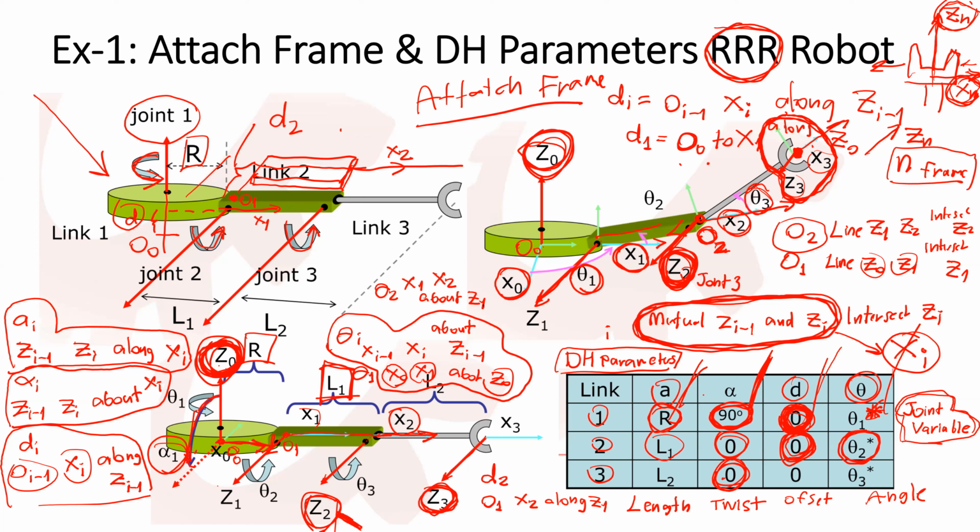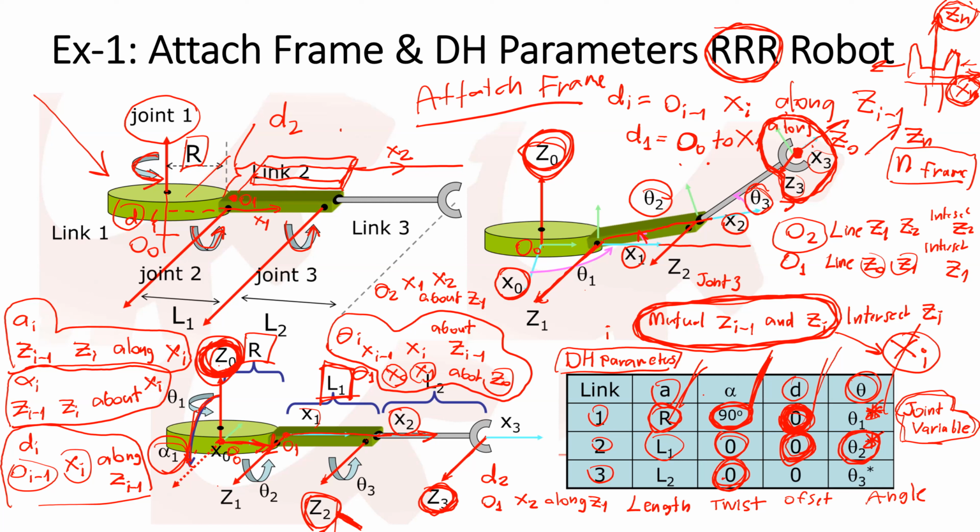The angle between x1 and x2, measured about C1, measured about this, is this angle, theta 2. And again, we put the star here, which indicates that we can drive theta 2 by a motor to create an angle.